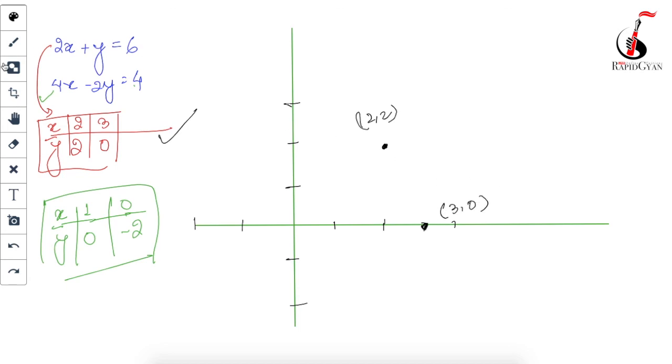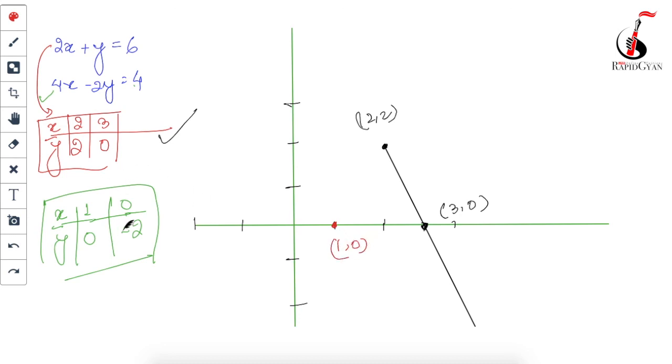Correct? What you will have to do is draw the line, beta, so I will draw the line. Now for the other one, the first point is 1 comma 0, so I will write it over here, 1 comma 0, beta, correct?